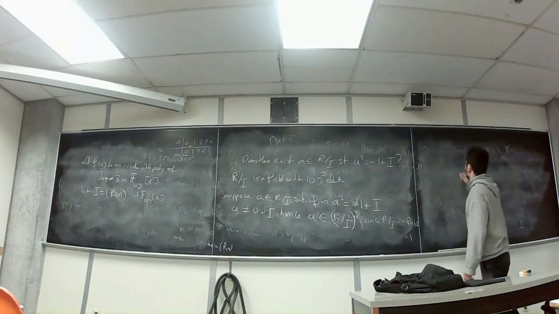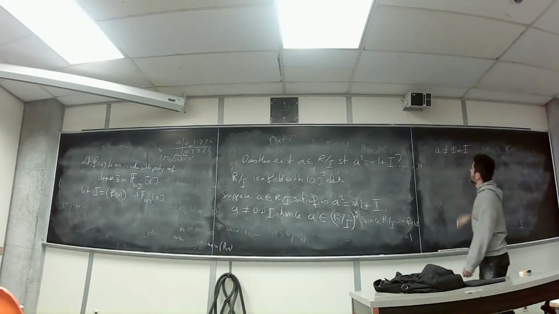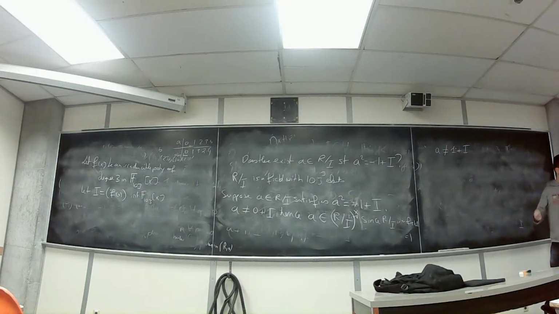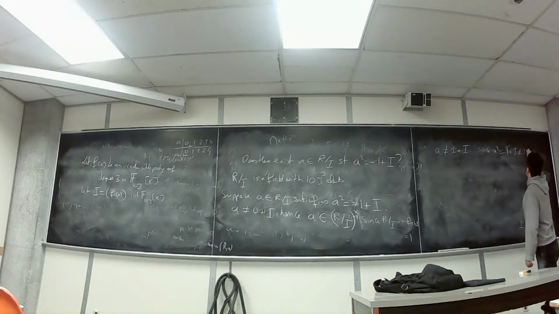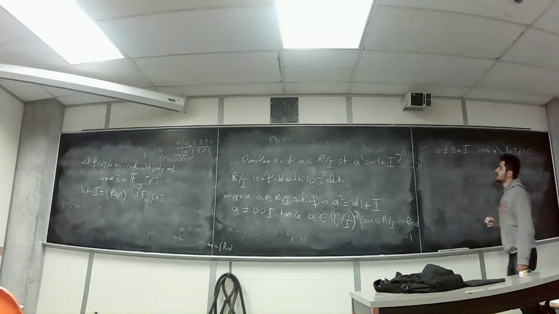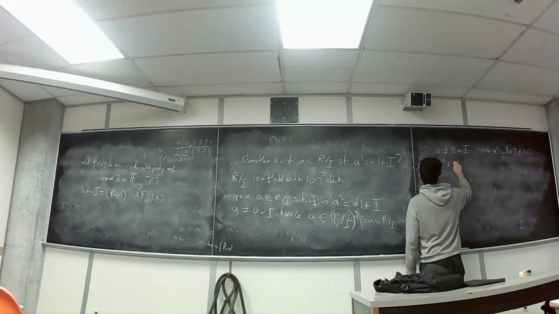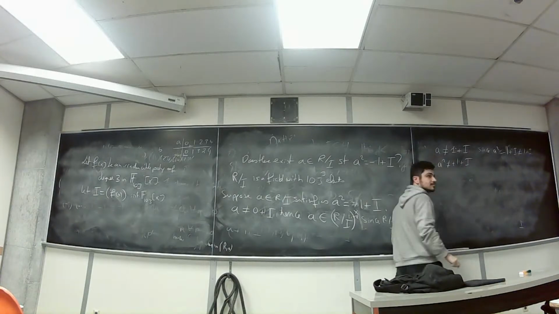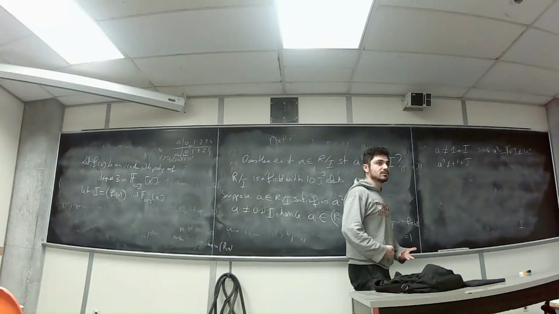Now, is a equal to 1 plus I or not? No, because if a is equal to 1 plus I, what would a squared be? 1 plus I. But a squared is equal to -1 plus I, which is different than 1 plus I. Clearly, because 2 is not equal to 0 in this ring.